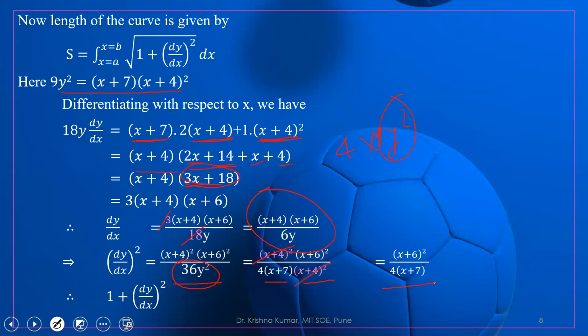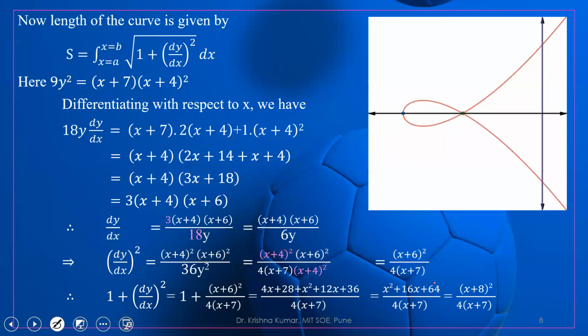So 1 plus dy/dx whole square is equal to 1 plus (x plus 6) whole square over 4 times (x plus 7). If we take the LCM, this becomes 4 multiplied by (x plus 7), which is 4x plus 28, plus (x plus 6) whole square, which is x square plus 12x plus 36, divided by 4 times (x plus 7).